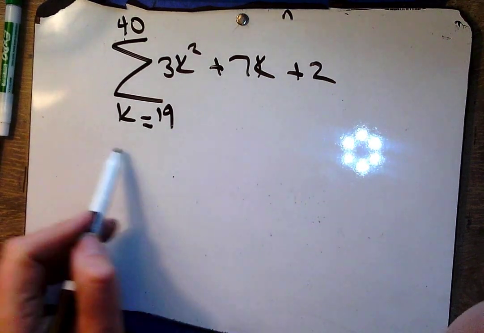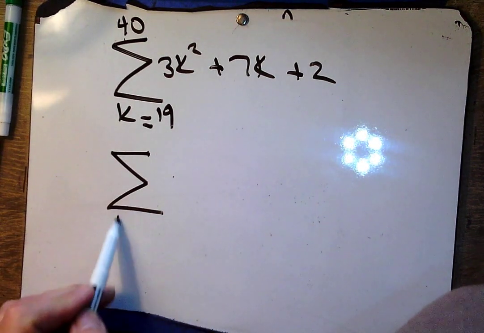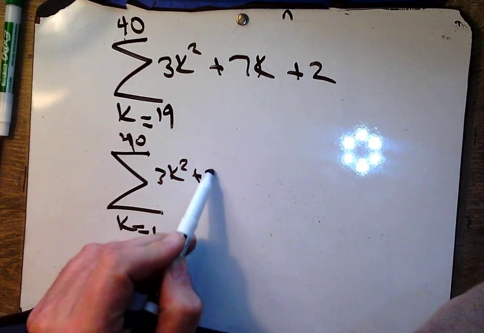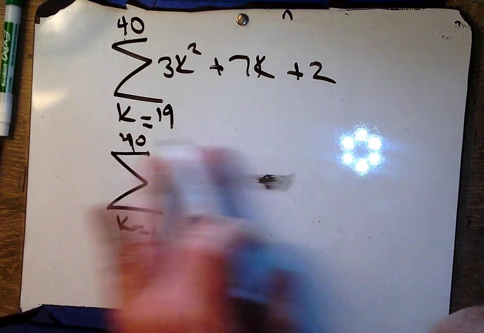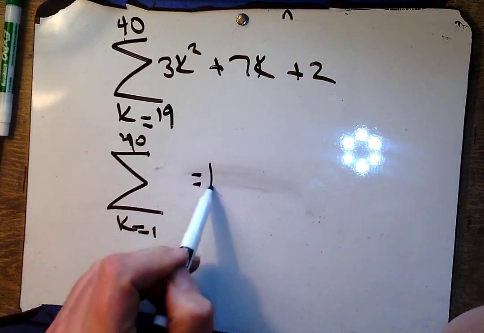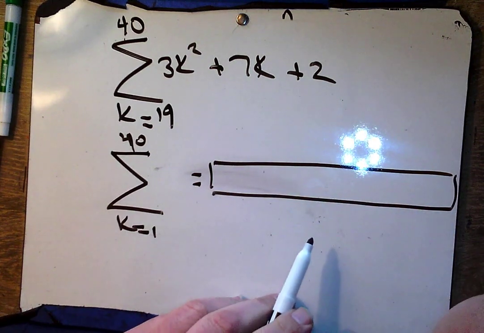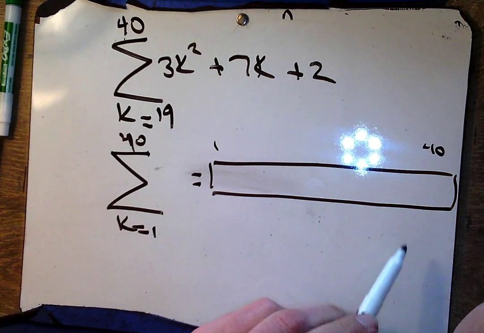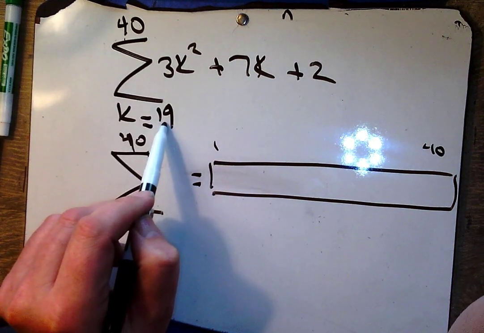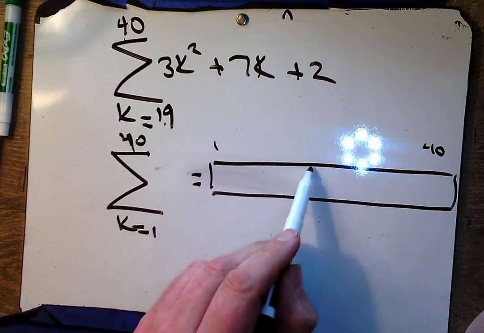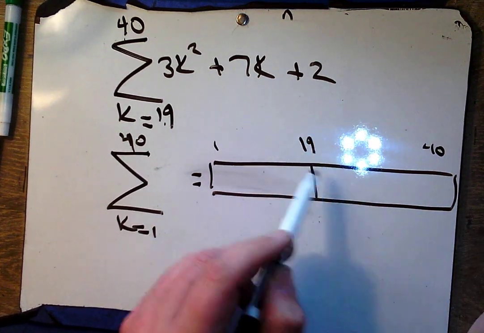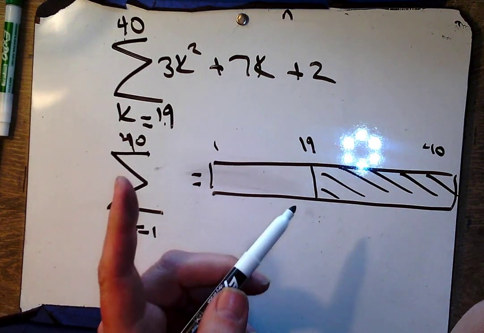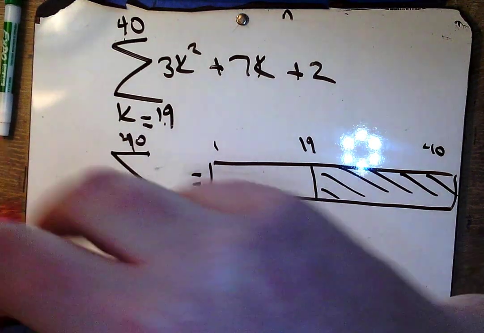So let's imagine this. Let's imagine the sum from k equals 1 to 40 of the same 3k squared plus 7k plus 2. But really, I'm just thinking about this part. This is going to represent adding up all the values from 1 to 40. Now, this one says I don't really want to add them all up. I just want the 19th through 40th all added up. So, here's what I'm going to do.